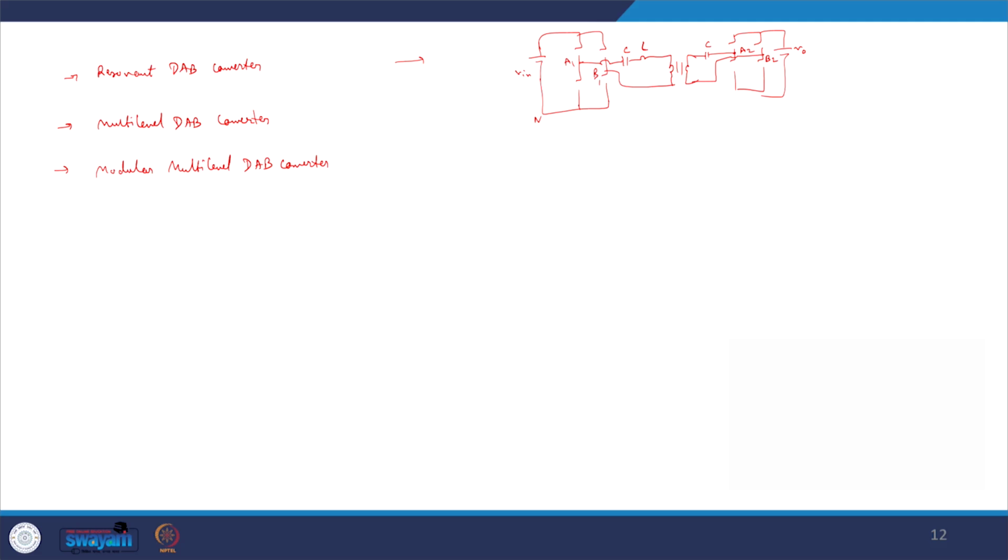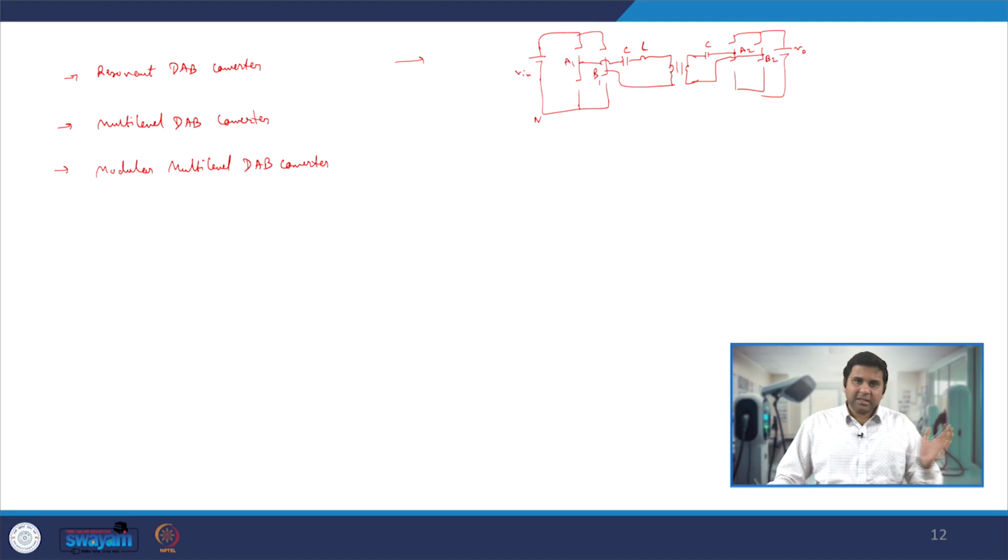So these are some of the isolated DC-DC converters we have discussed. In this entire power conversion unit, we have discussed in detail different kinds of AC-DC converters, single phase and three phase. Then we revisited some of the isolated DC-DC converters, and in them we discussed in detail the phase shifted full bridge converter and the dual active bridge converter.